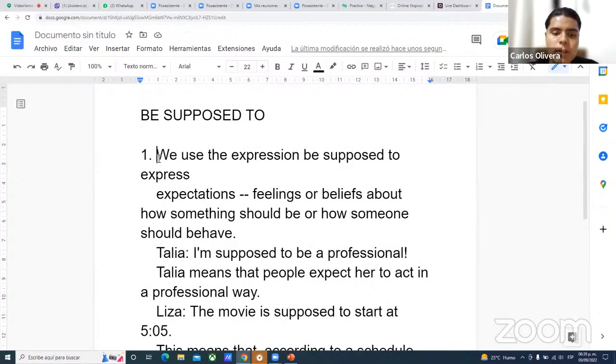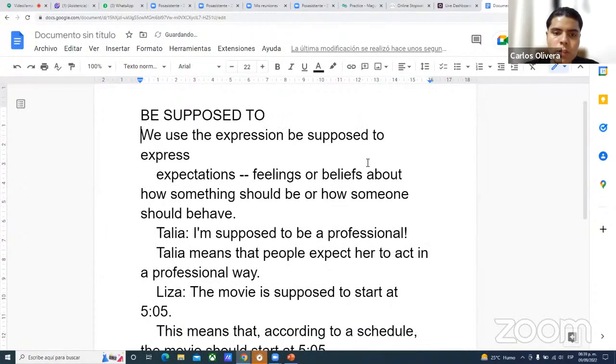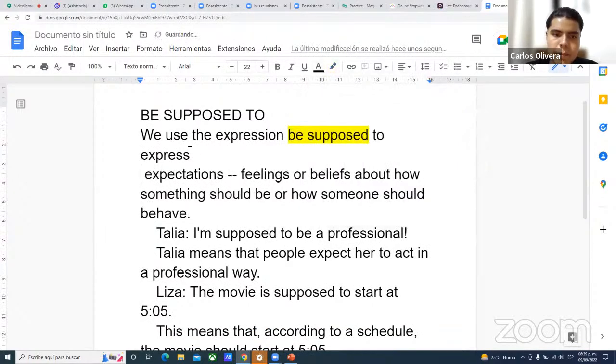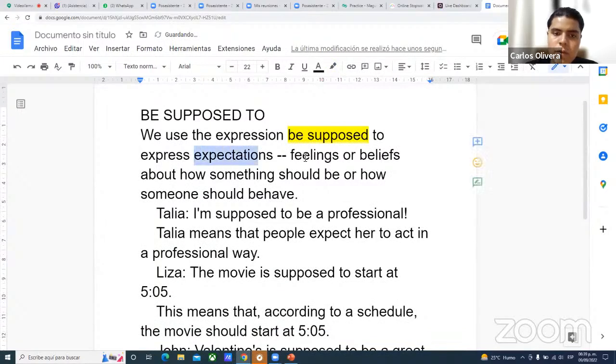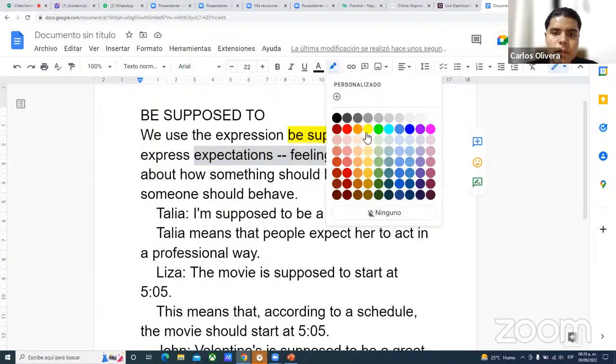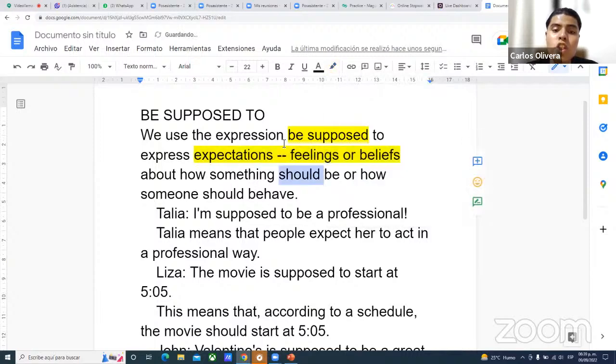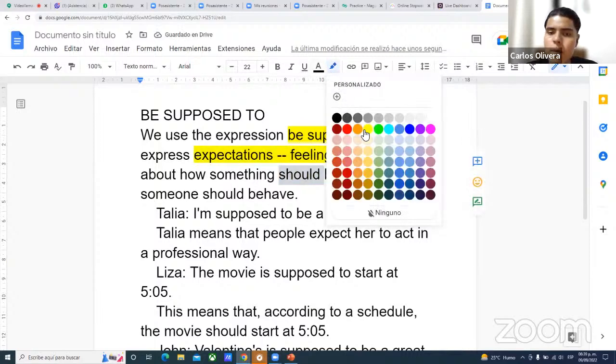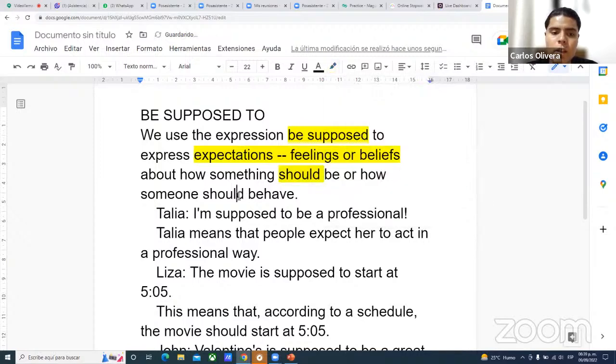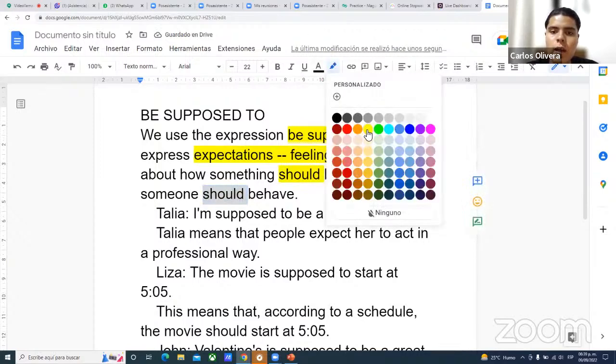So what is this? We use the expression be supposed to express expectations, feelings, beliefs about how something should be. This is the key word, as I told you. If you understand this, then you got it. Should. What is the idea here?